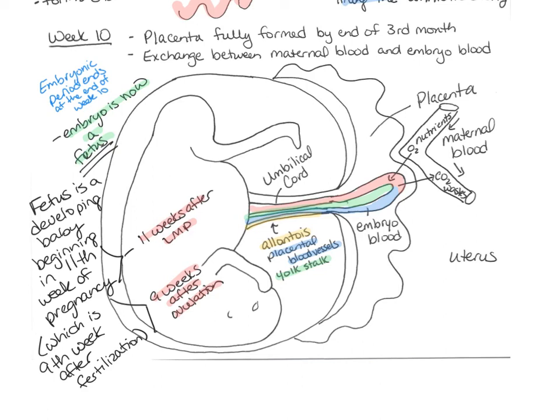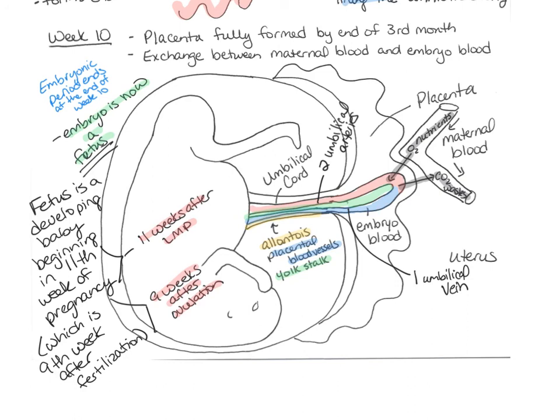Blood flows from the fetus to the placenta through paired umbilical arteries and then returns in a single umbilical vein. Gases, nutrients, and wastes are exchanged between the fetal and maternal bloodstreams.